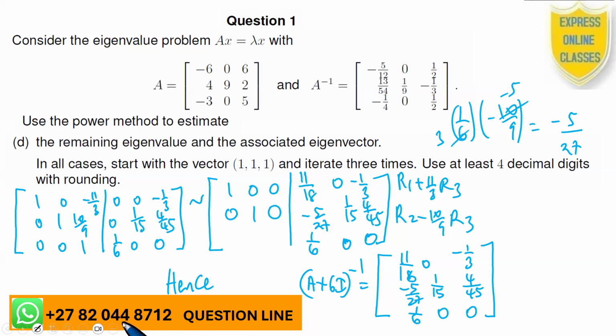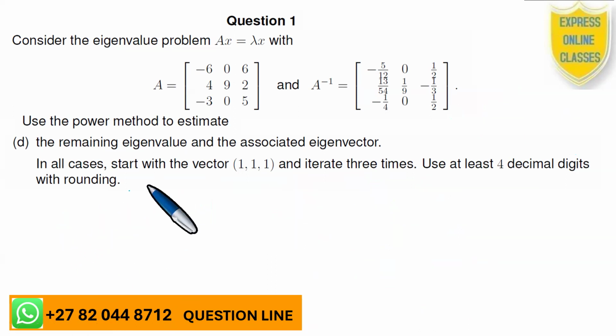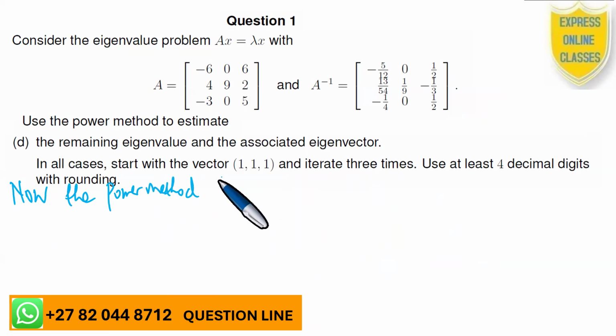Now, because we performed the shift to find the inverse, now the power method is being used. The power method. Okay, because this one is examinable every year. The power method is applied. It's not that we're just talking about it.